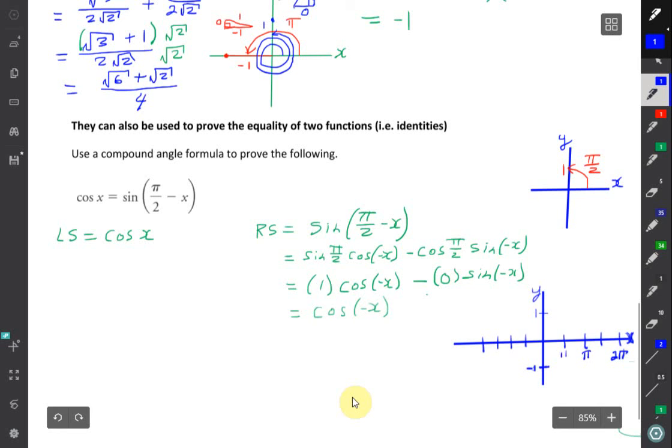And in terms of radians, this would be 2 pi, pi, pi over 2, and 3 pi over 2, and then minus pi over 2, minus pi, minus 3 pi by 2, and minus 2 pi.